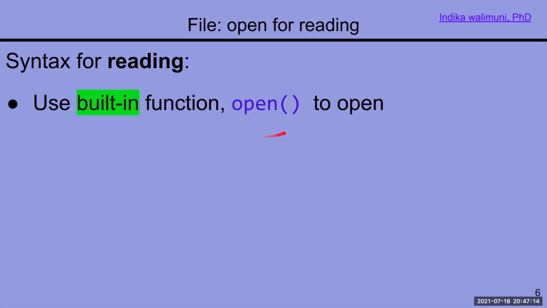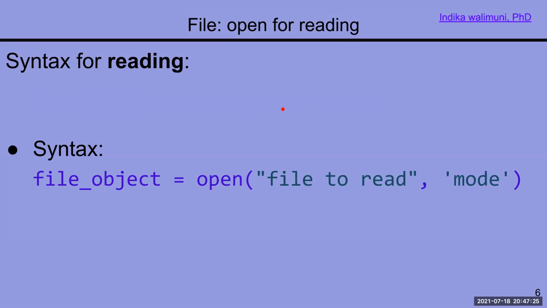Notice it's a built-in function, not something that belongs to a file object. The syntax for opening is to use the open built-in function and pass the path to the file, the entire full path as a string, as the first parameter. And then there's the mode for reading.